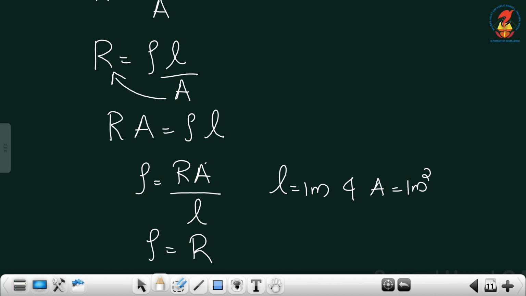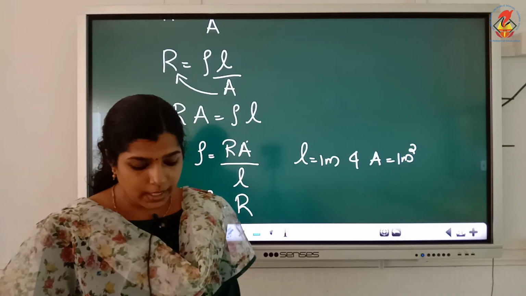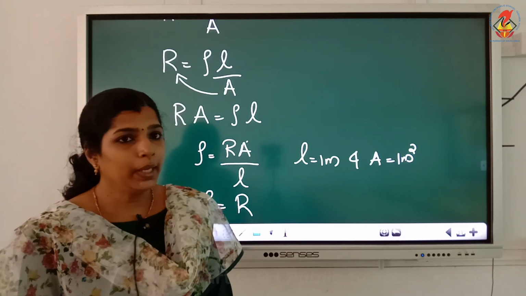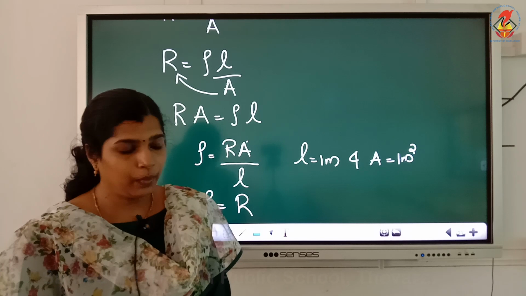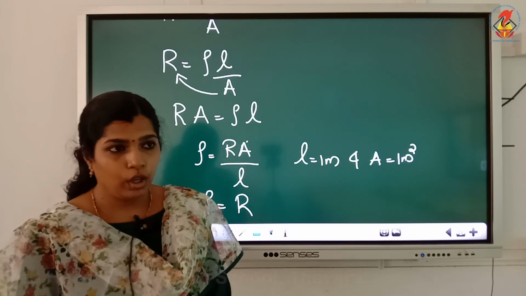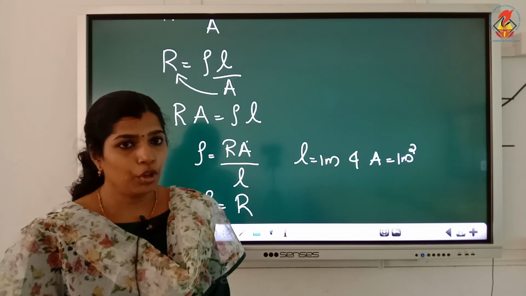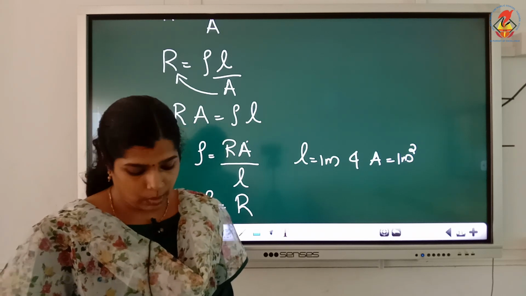That means the resistivity of a conductor is the resistance offered by 1 meter length of the wire of the material having an area of cross section of 1 meter square.